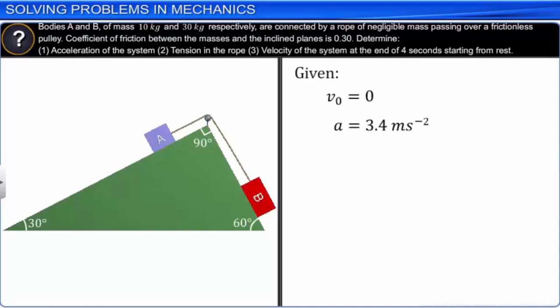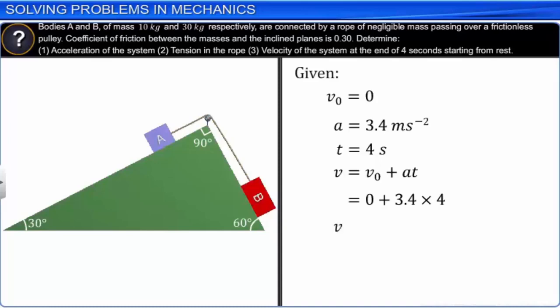We can use the equation of motion v is equal to v0 plus at to determine the velocity at the end of 4 seconds. Substituting the values and simplifying, we get the final velocity, v, as 13.6 meters per second.